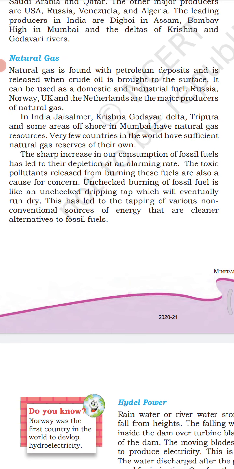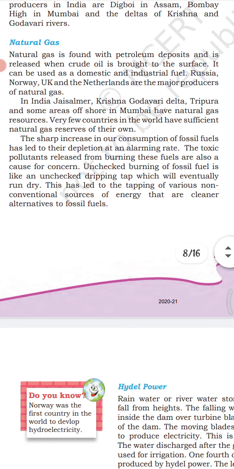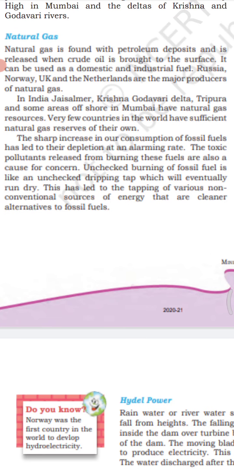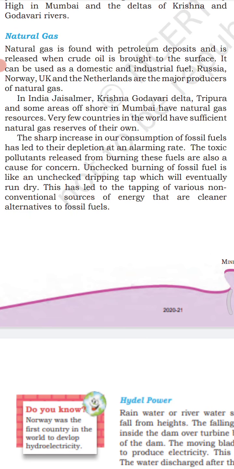It takes millions of years for the formation of these fossil fuels, but we use them fast. The toxic pollutants released from burning these fuels are also a cause for concern. Unchecked burning of fossil fuel is like an unchecked dripping tap which will eventually run dry.